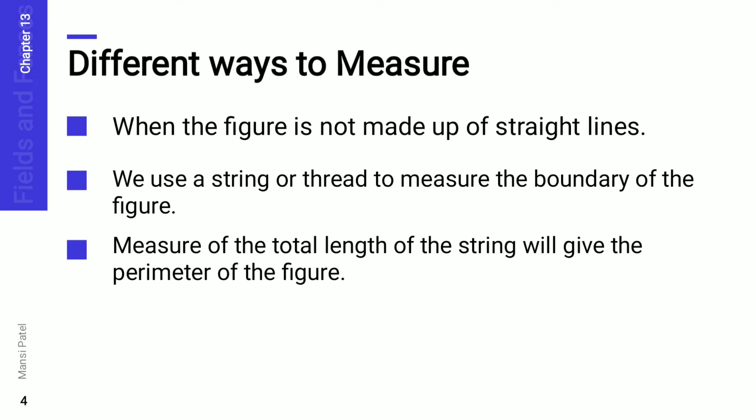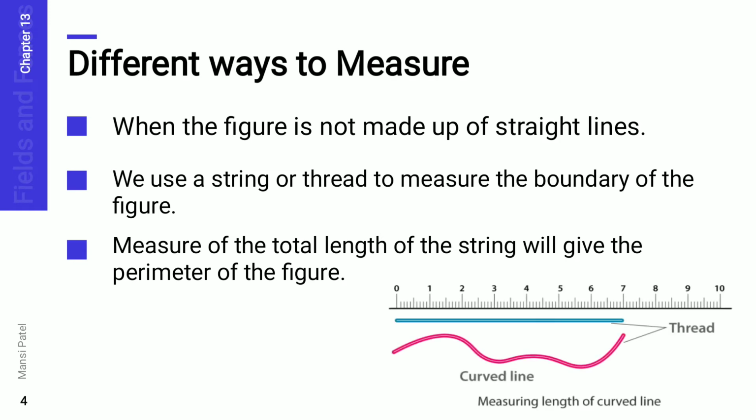First of all, we take a thread or string and place it along the boundary, then we make that thread straight and measure it. So see here, this way we measure the shape which is made by curved lines.